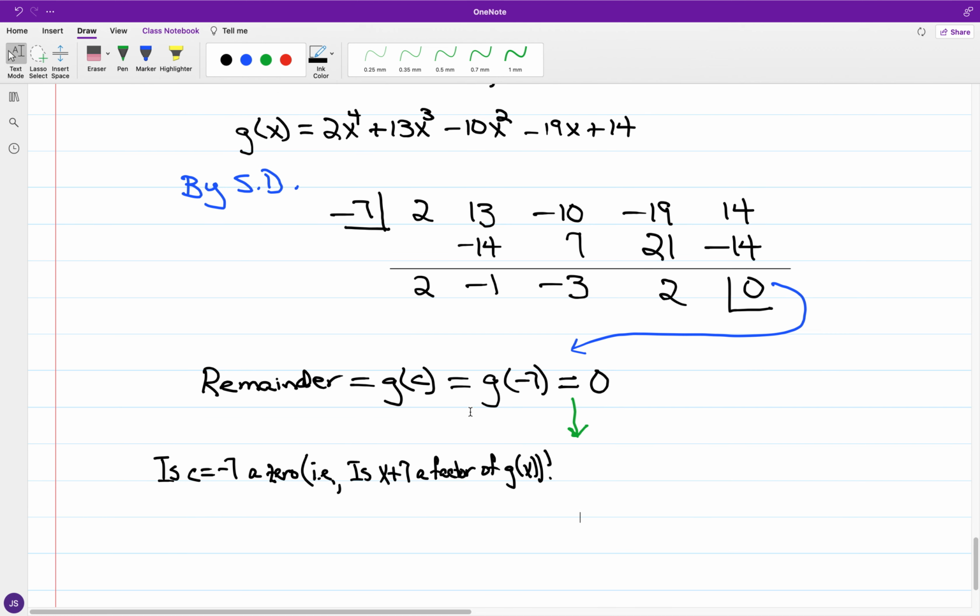And so in terms of whether c equals negative 7 is going to be a 0, since the remainder does test out to equaling 0, the answer to part B is going to be yes. Had I used the remainder theorem and literally plugged in negative 7 for x, g of negative 7 would be equal to 0, but following through with determining the function value would be a painstaking exercise in comparison to the synthetic division.